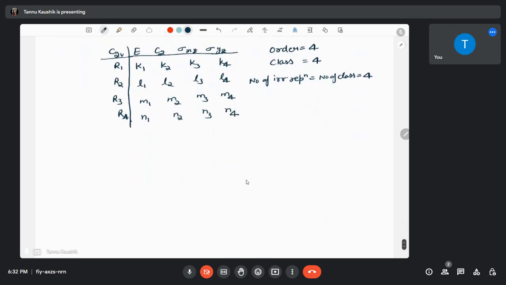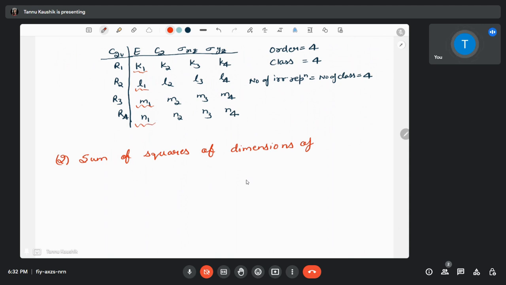And the second postulate is: the sum of squares of dimensions of irreducible representations for the group will always be equal to the order of the group. What are the dimensions?